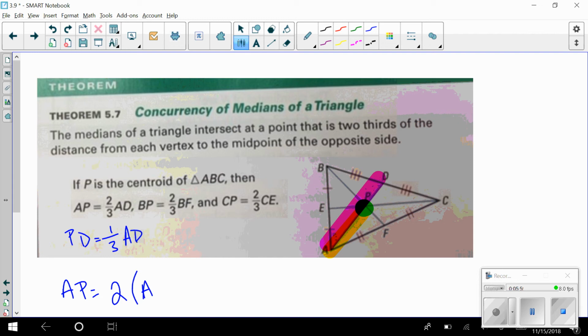Oops, this is P. So AP is 2 times PD. Another way to think of it is that since the median is divided into 2 pieces, one twice as large as the other, the distance from the vertex to the centroid is 2/3 the distance of the entire thing.